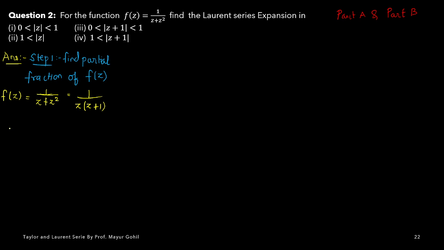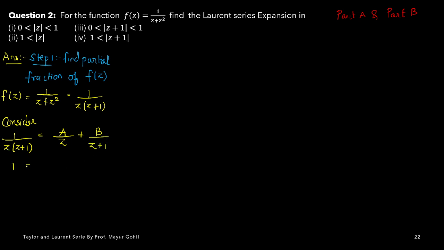Now let us go for solving for the partial fraction. Consider 1 upon z times z plus 1 is equal to a upon z plus b upon z plus 1.